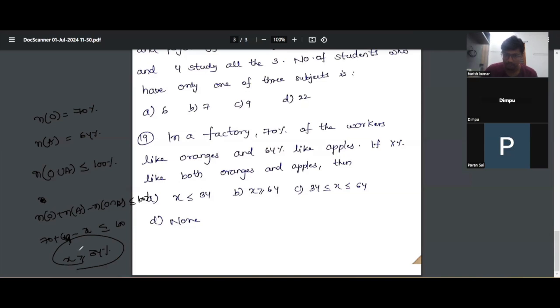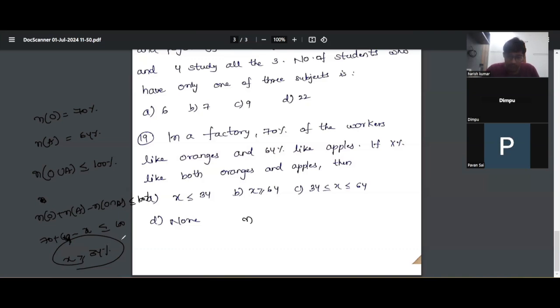Right? And also there is one more condition. What is that one more condition? So x should be greater than or equal to 34%, right?